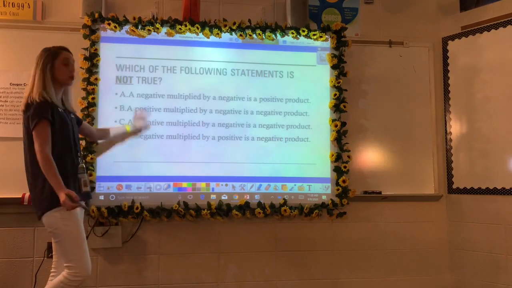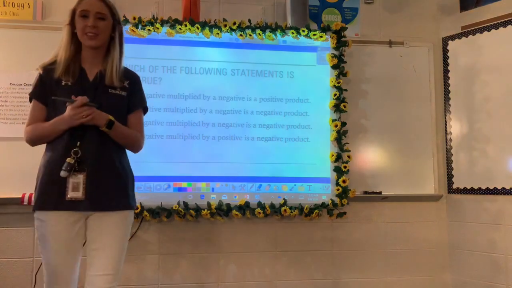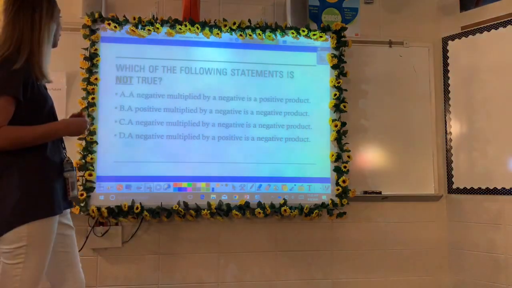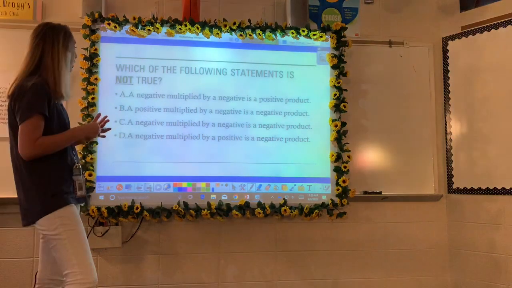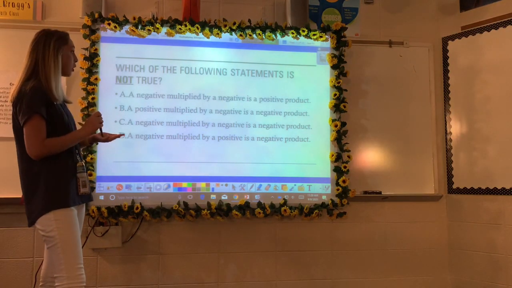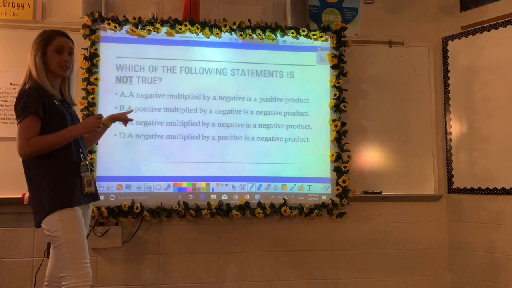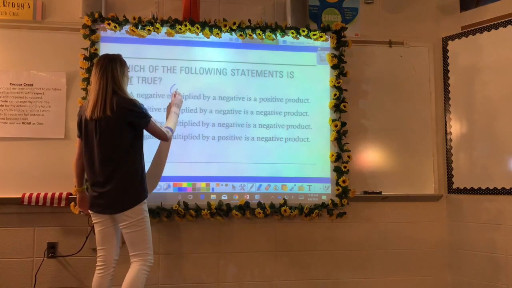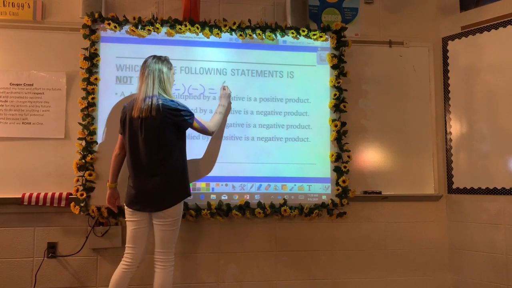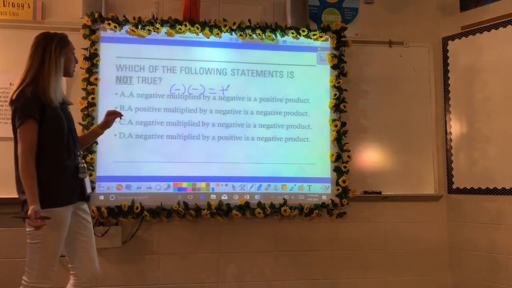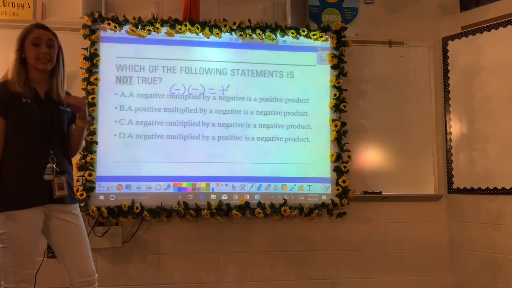All right, and so you have a box for this one. So let's look at this and let's kind of talk about it. So which of the following statements is not true? So there's one up here that's not true. A negative multiplied by a negative is a positive product. So A would look like a negative times a negative equals a positive. A positive multiplied by a negative is a negative product.